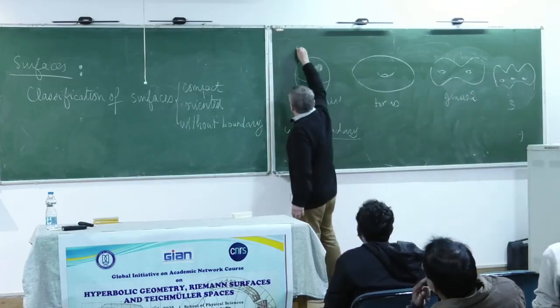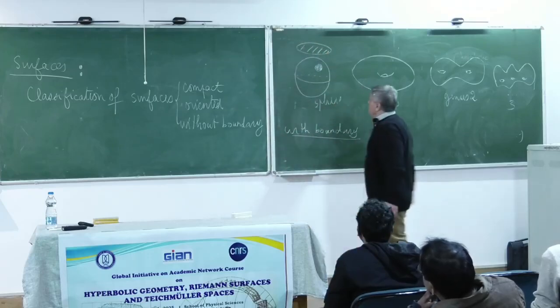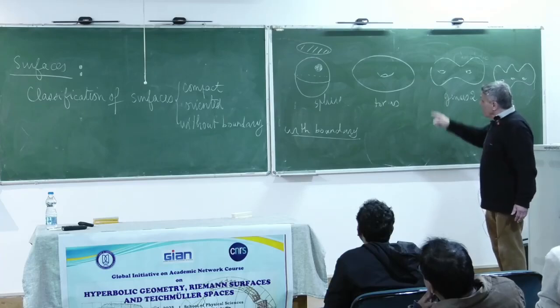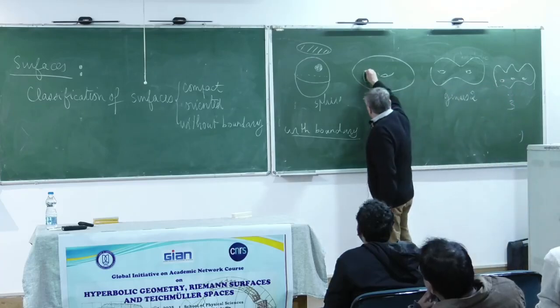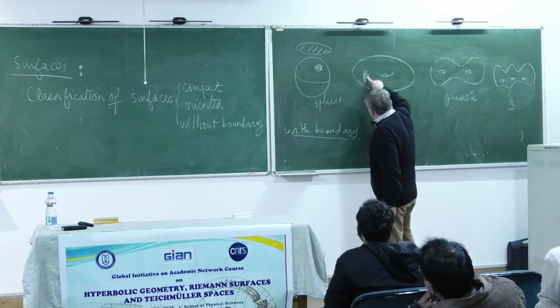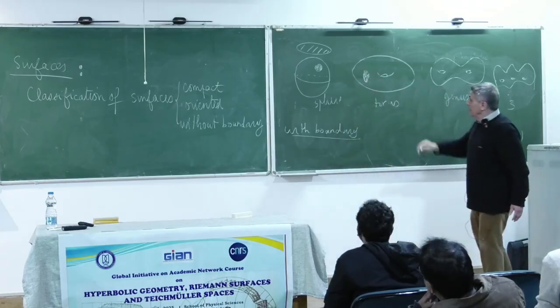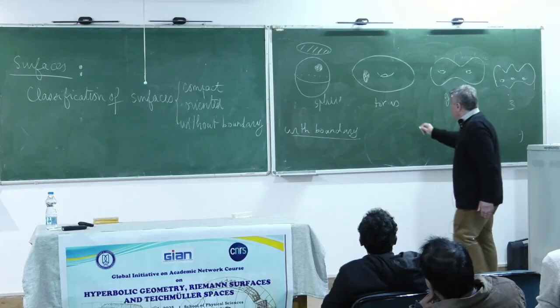This is the same as a disk. The torus, when I remove a disk, I get something which is not a planar surface. It will still be a surface of genus 1.